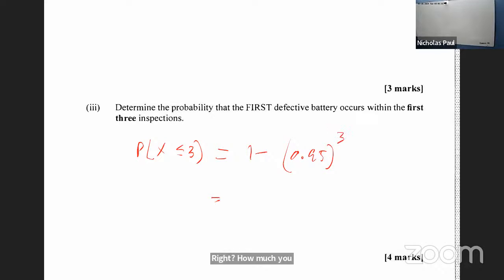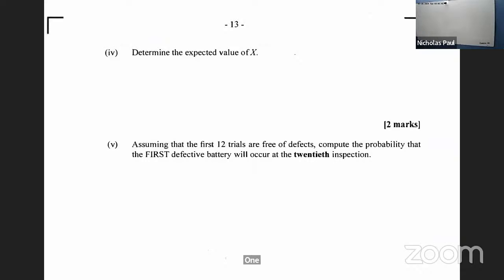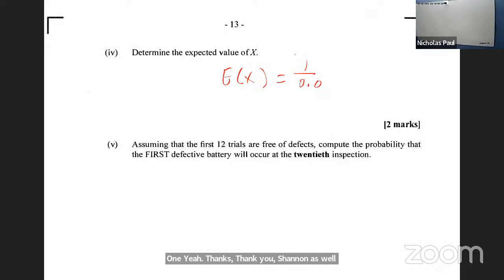How much do you get? 0.14, right? They ask for the expectation here. Expectation is what? 1 over 0.05, which is what?